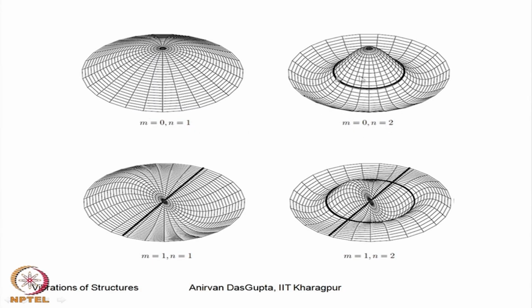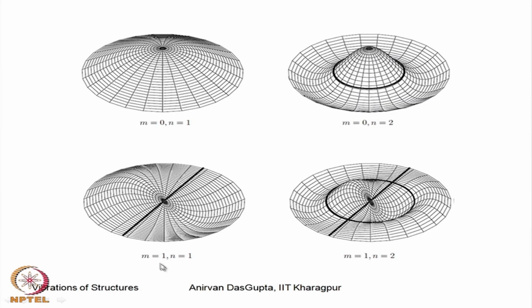As n increases, you have these nodal circles. This is a nodal circle, and these are axisymmetric modes. So, n equal to 2 has one nodal circle, n equal to 3 will have two nodal circles.